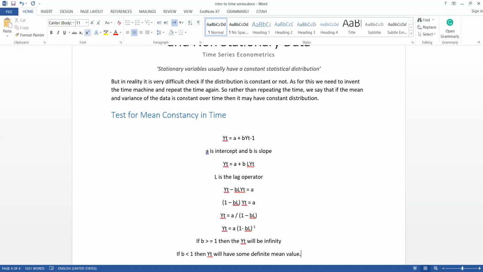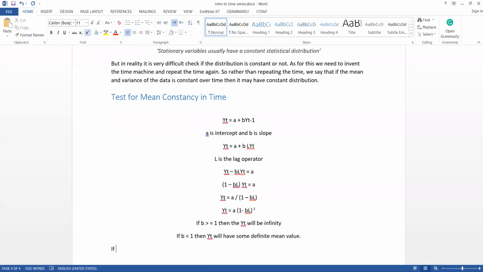So what does it mean? If b is equal to 1 or b is greater than 1, it means that y t is increasing with respect to y t minus 1, so it is growing over time. We cannot measure its mean value because it is not stopping at any point.